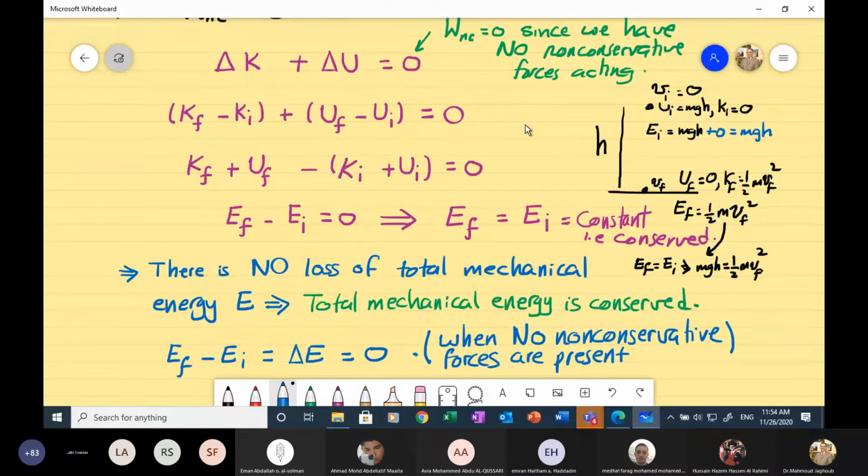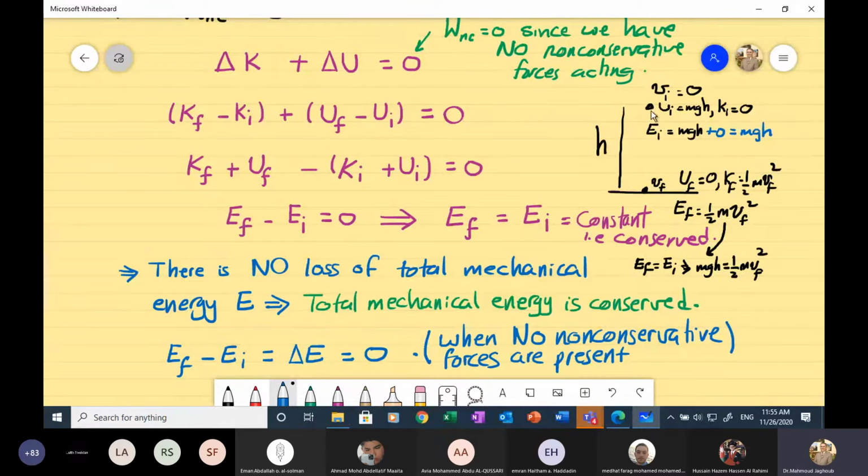As kinetic energy. What you lose from potential is converted into kinetic. If you lose 100 joules of potential energy, it means that you gain 100 joules of kinetic energy. So delta K is plus 100, and delta U is minus 100, so that their sum is 0.